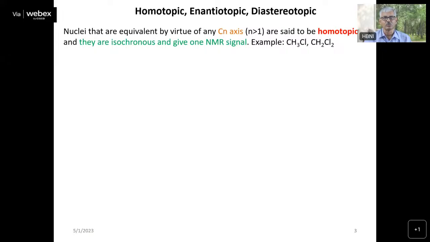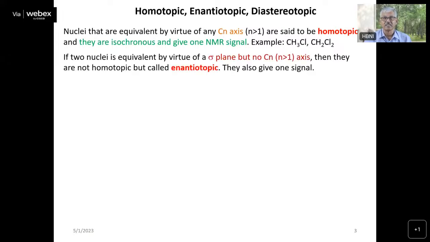Nuclei that are equivalent by virtue of a Cn axis, of course n has to be greater than 1 because all molecules possess a C1 axis, are said to be homotopic, and they are isochronous. So automatically they will give one NMR signal, like methyl chloride and methylene chloride.